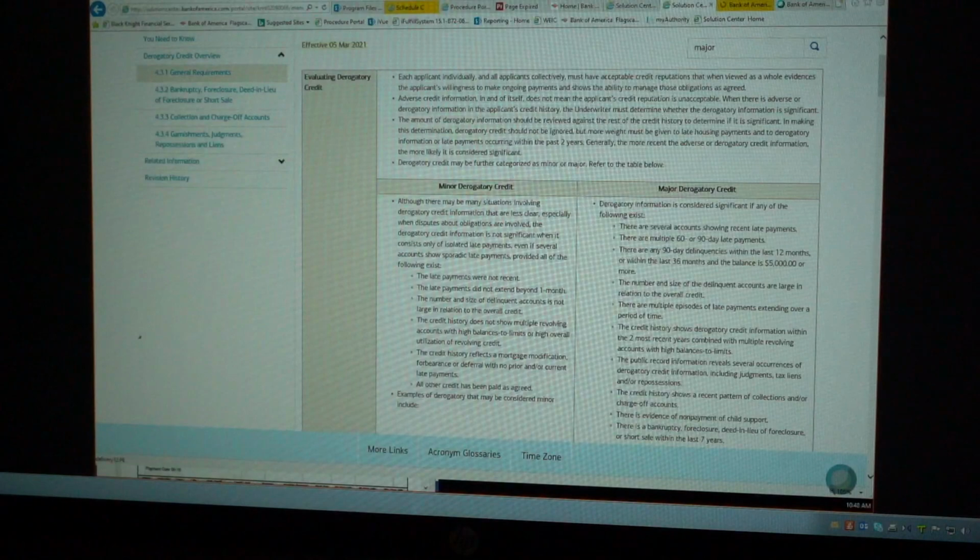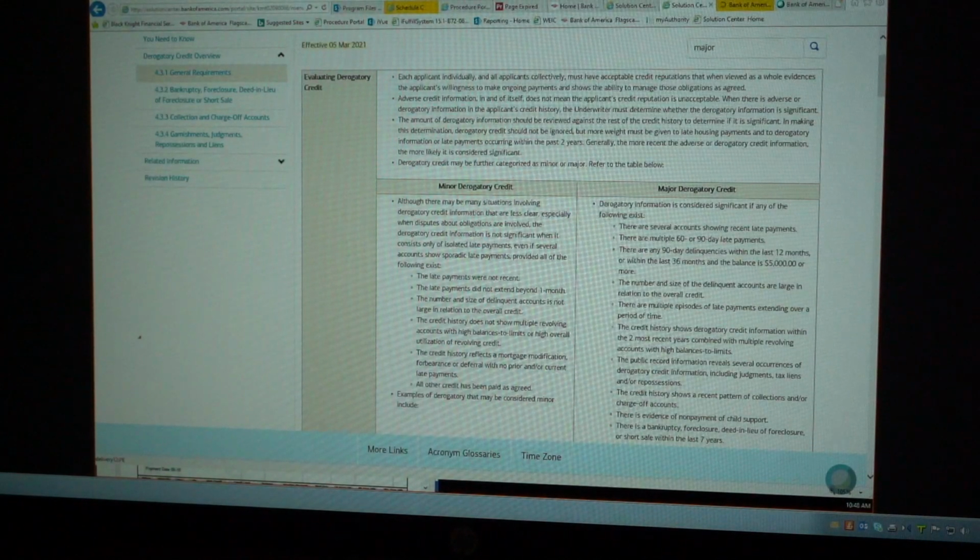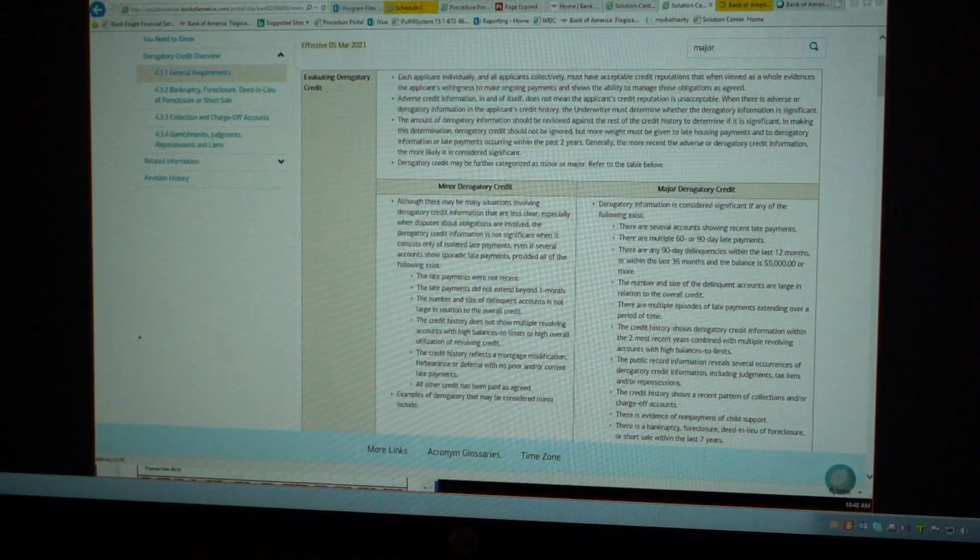No, I'm saying if a borrower rolls their 30-day late. It doesn't turn into a 60, but they're 30 days late. They make their payment, but their second payment's 30 days late. So they make their payment, and their third payment's 30 days late. That's rolling. Right. And yes, Bank of America does consider those individual delinquencies.